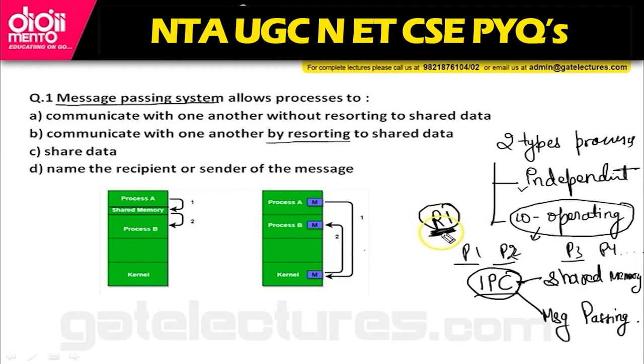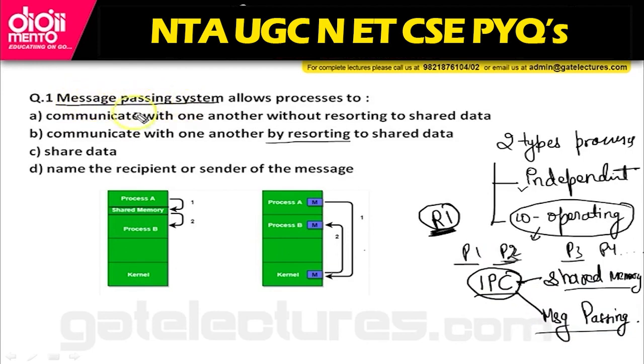They want to share data. So how will they know that one process is sharing its data? There must be some way of communication between these processes, and that mechanism is known as inter-process communication. We have two methods for that: shared memory and message passing.